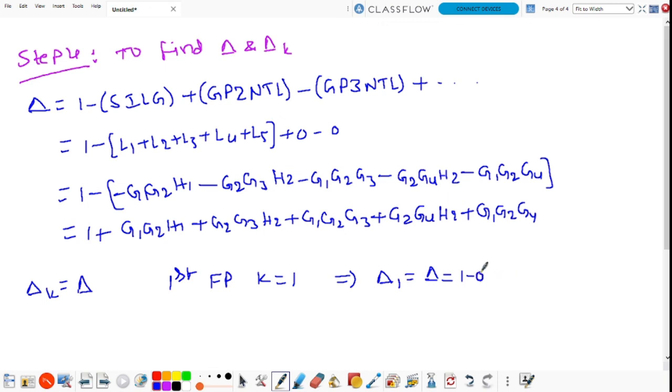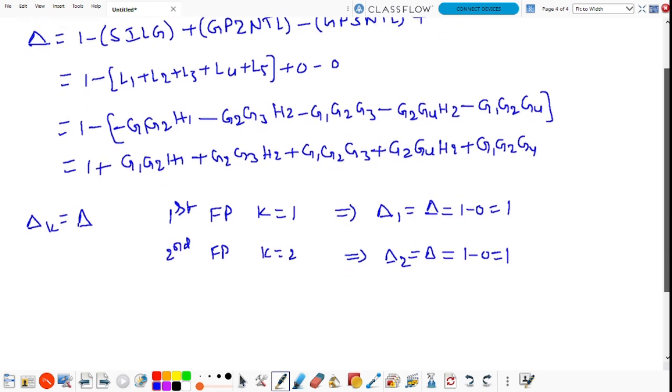So 1 minus 0 is equal to 1. Delta 1 is equal to 1. For the second forward path, k is equal to 2, so delta 2 is equal to delta. Here also there is no part of the graph which is not touching the second forward path, so the sum of individual loop gains is 0. Therefore delta 2 is equal to 1. Delta 1 is equal to 1 and delta 2 is equal to 1.